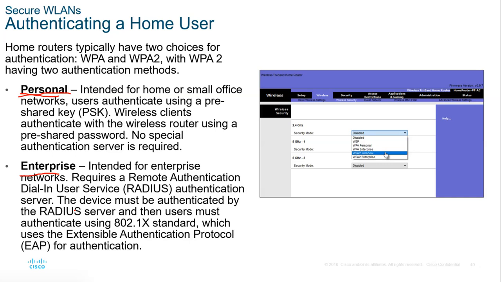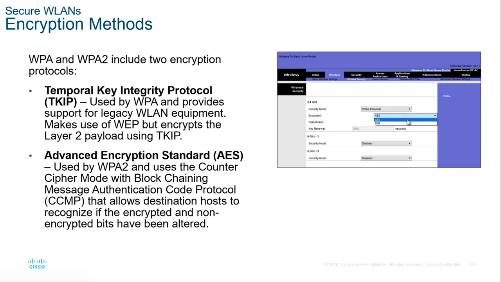Like in the other scenario of the wireless LAN controller, that is where we can use enterprise. But on standalone, that is where we have to use personal. And then the technologies that we talked about, the Temporal Key Integrity Protocol, are here.